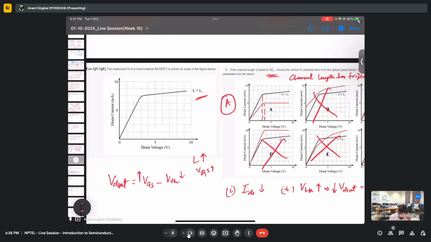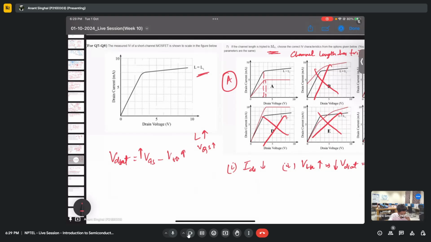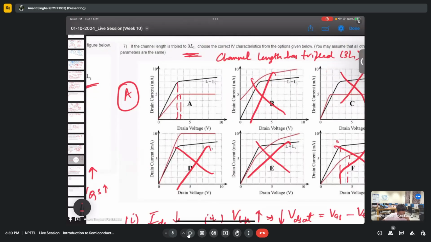Okay, I'm not sure. Do you think of anything? Anyone? I'm confused about what exactly should be the answer. I'm sure about B and F, but I'm confused between A and C, because if I zoom this out, it is looking like that for case A, I'm requiring a bit higher VDS if I'm having a long channel MOSFET.